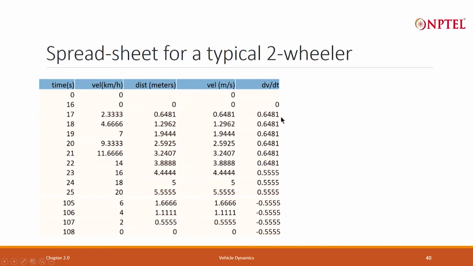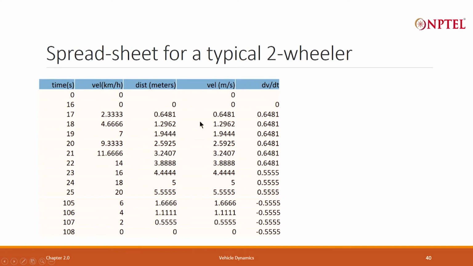I calculate what the acceleration is. So, from 16, 17, 18, 19, 20, 21, my velocity keeps on changing. I take those velocity points, take the average velocity point from 0 to 2.33, the average velocity is 6.6481. Between 2.33 and 4.66, I calculate the average velocity.